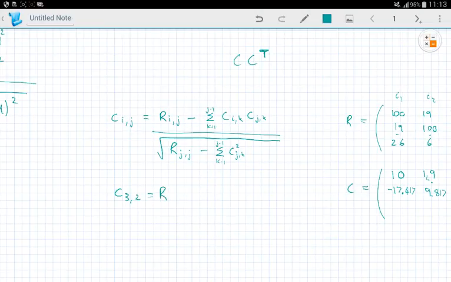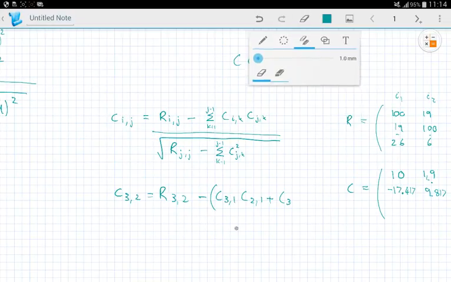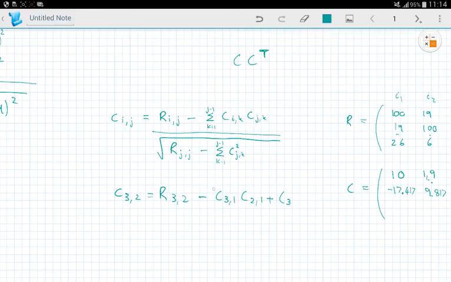That makes it R3,2 minus, but now we're going to be summing two things. So the first is going to be C31 and C21 plus... Oh, no, it's still only going to be 1 because it's just the J. It's J2, which means we're just going to have one of these things.